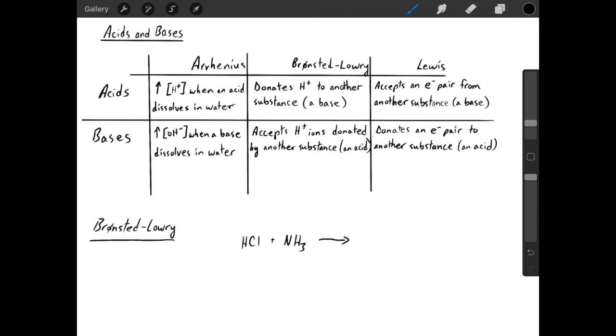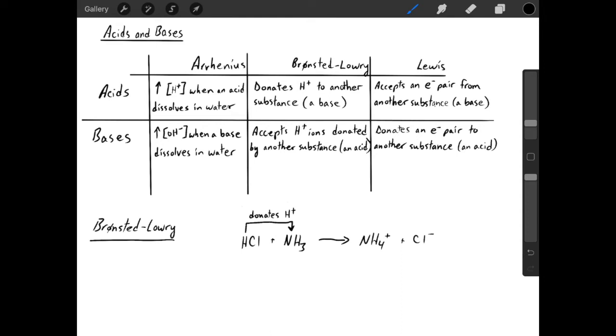With the Bronsted-Lowry model, the base doesn't need an OH- group. The base just has to be something that can accept an H+ ion. So a common Bronsted-Lowry base is ammonia, the NH3 molecule. Again, our HCl is the acid and it donates the H+, and we make NH4+, the ammonium ion, and the chloride ion.